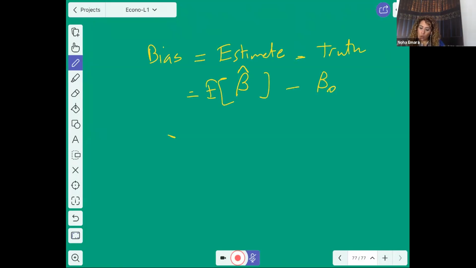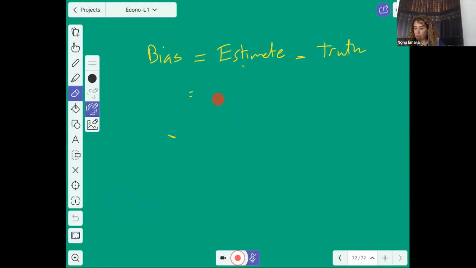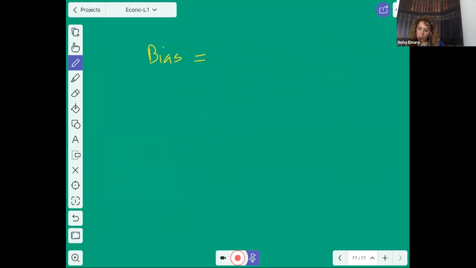All right, based on what I just explained on the previous slide, I can summarize this amount of bias. Let me just remove this, because this is not what I wanted to say. Okay, but this is for your information. So the amount of the bias, which is the difference between the estimate and the truth, depends on the beta hat of the omitted variable, which is x2 in our case, and a function of the correlation between the included and the omitted variable.